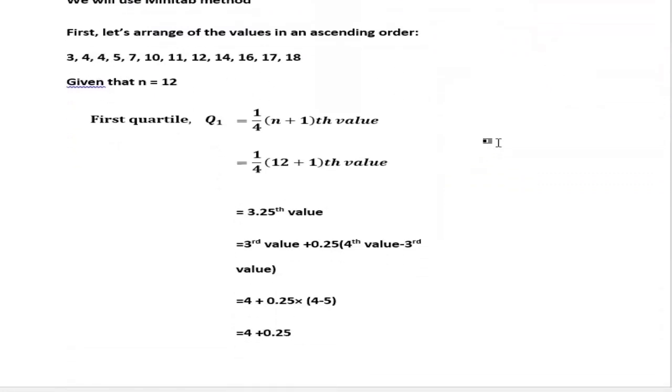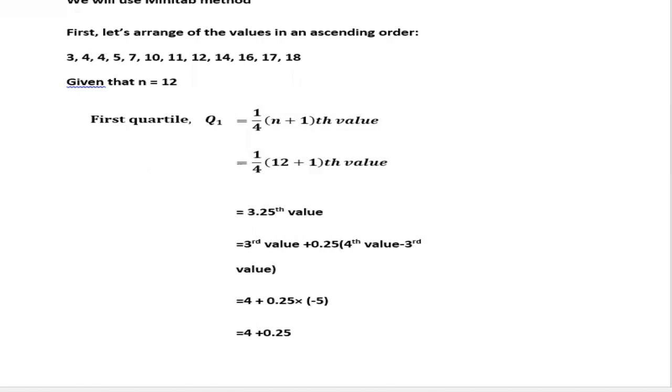So what is the first quartile? As we calculated before, the first quartile is the 1 over 4 times n plus 1 value. If we do it with n equal to 12, we get the 3.25 value. So the third value is 3, then 0.25 multiplied by the fourth minus the third value. What is the fourth value? The fourth value, I think, is 5, so I have to change it.